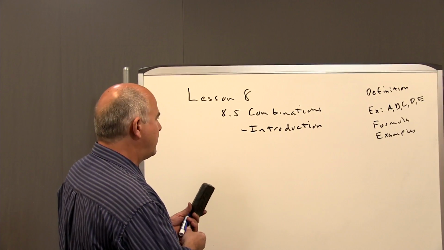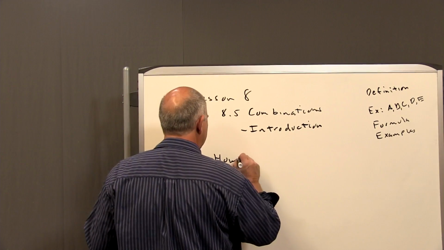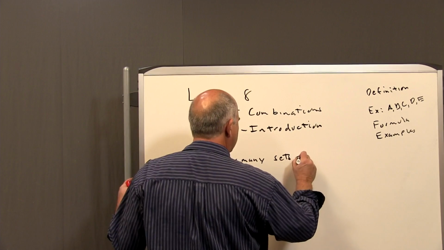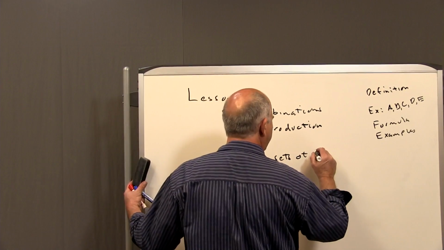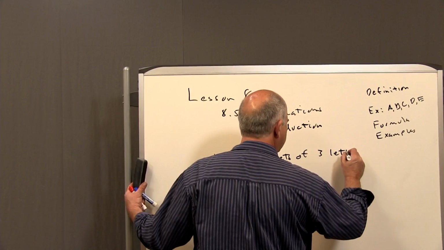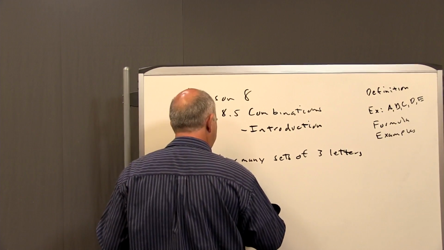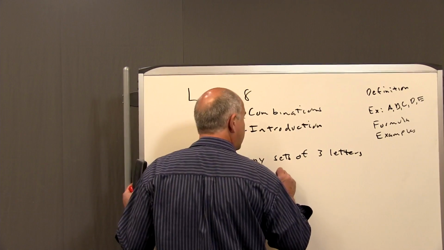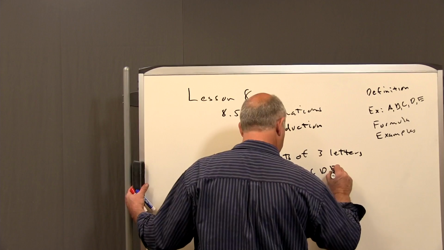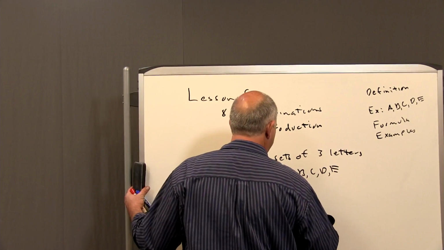So, for example, how many ways, how many sets of 3 letters chosen from A, B, C, D, E, where order is not important.